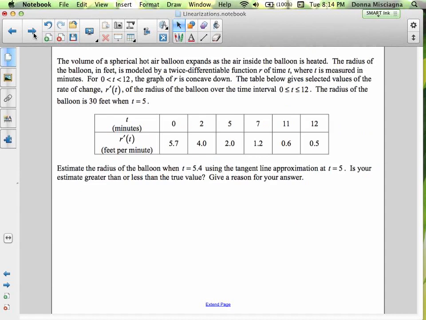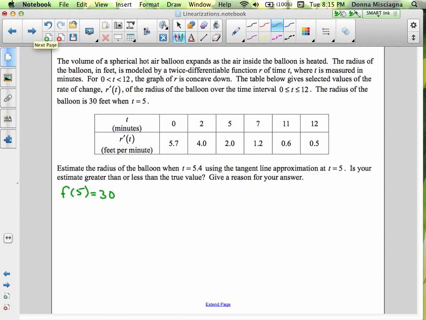All right, so we have some information there. Right, we have f of 5 is 30. Oh, this must be where my glitch is. All right, so what did we want to find? Oh, at 5.4.